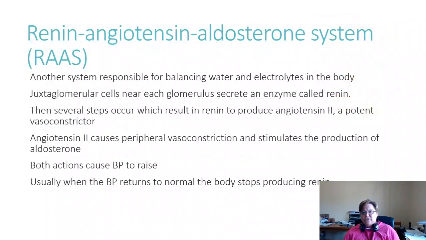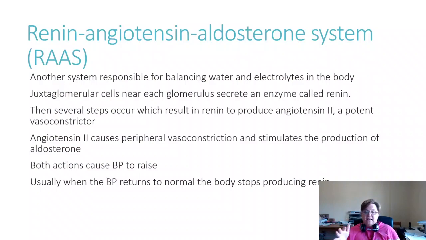The renin-angiotensin-aldosterone system, or RAAS, is another system that our bodies use to help balance water and electrolytes in the body. There are certain cells in the kidney called juxtaglomerular cells. These are near each of the glomerulus, and they secrete an enzyme called renin.